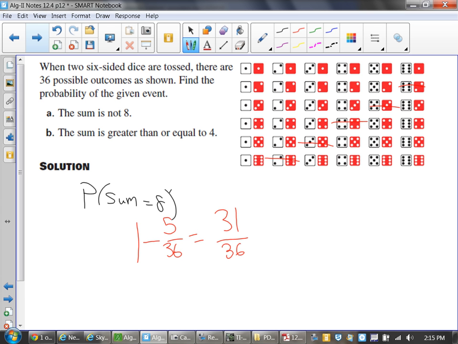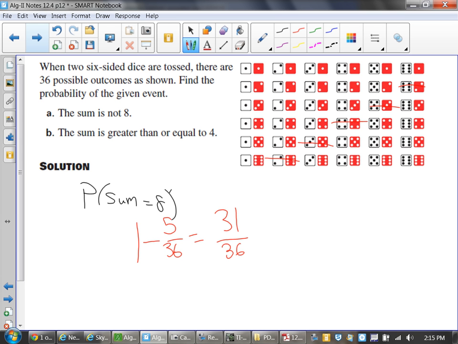What's happening here is it just allows you to do less calculation. If you had a really large data set and you had to count out a whole bunch of things, sometimes it's easier to just find the opposite of what you're looking for. It's just quicker. Okay? That's what we use complements for. All right. The sum is greater than or equal to 4. Well, instead of trying to count how many of them are greater than or equal to 4, can I count how many are less than 4? 3 of them.